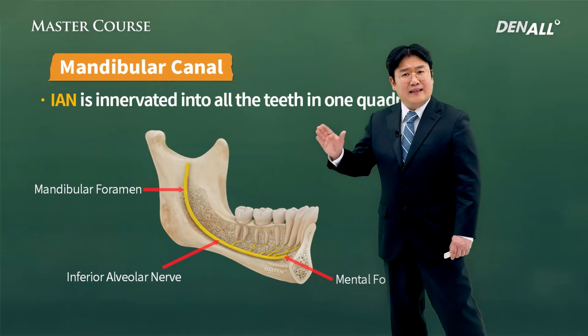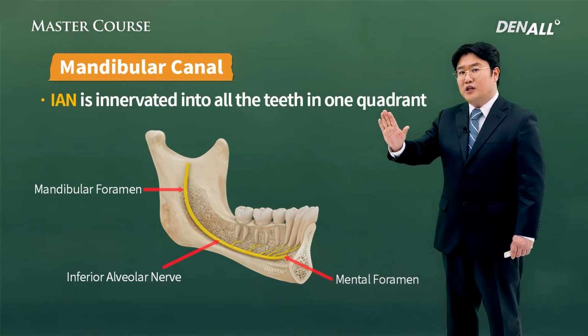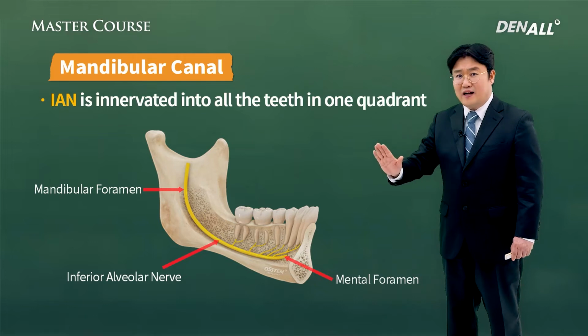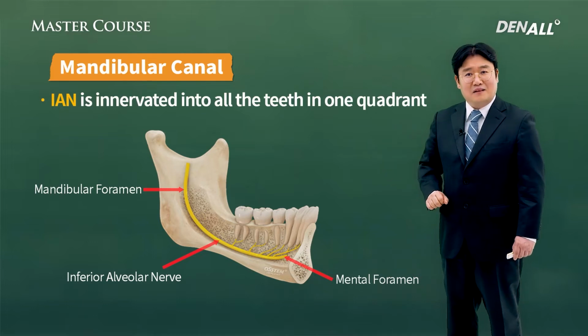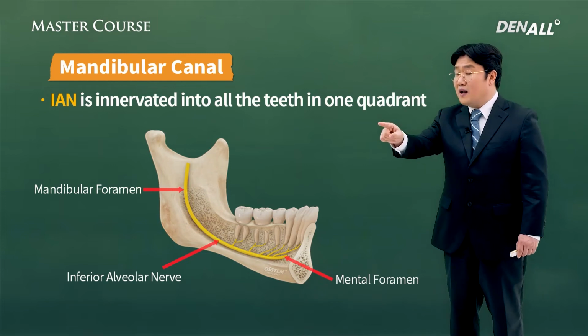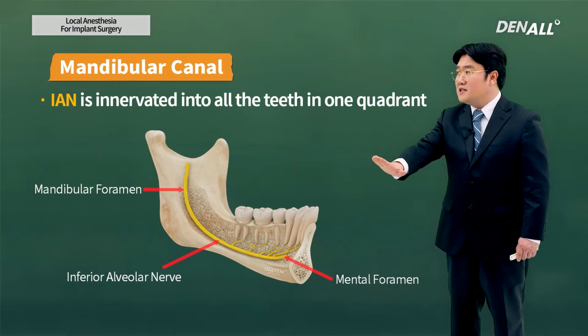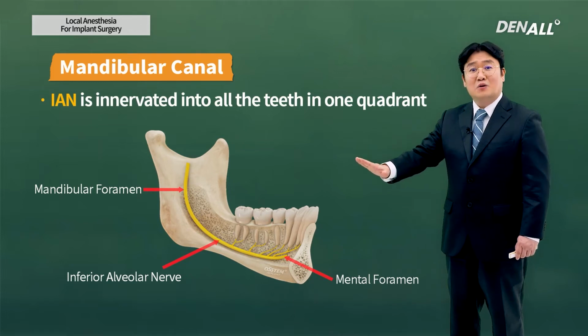The mandible has very hard bone. Compared to the maxilla, infiltration or supraperiosteal anesthesia would not work very well, but if we can block the inferior alveolar nerve, all the teeth can be under anesthesia.